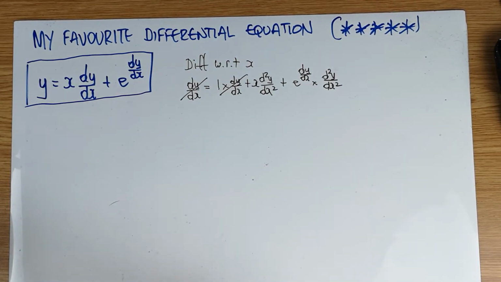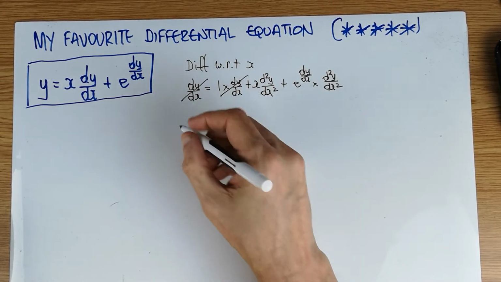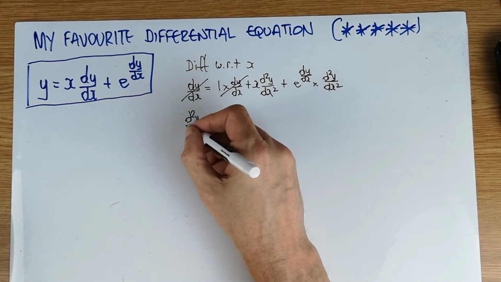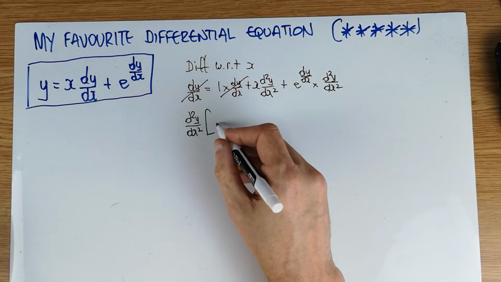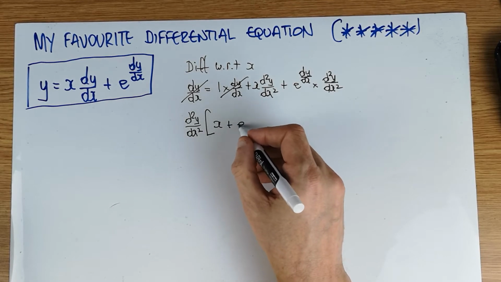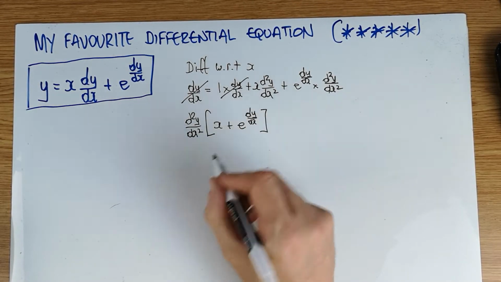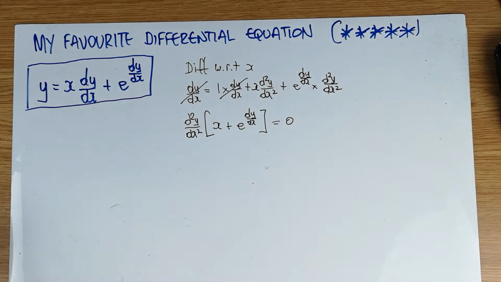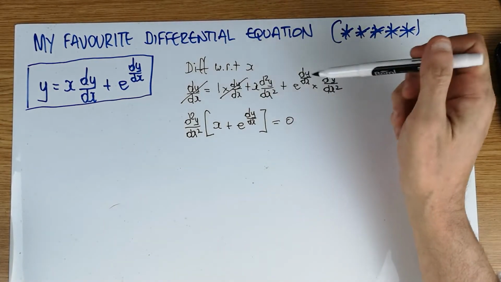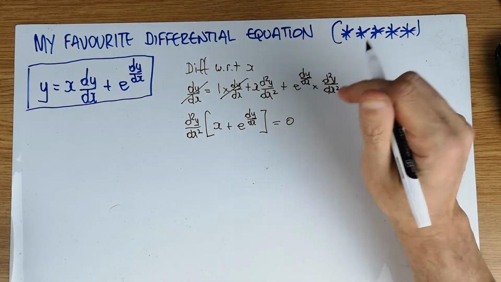Okay, so in this particular case we have something like that, and we have a second derivative coefficient, which I can factorize, and I get x plus e to the dy by dx is equal to 0. Of course it's 0 because I cancelled this, just in case you're wondering what's going on.